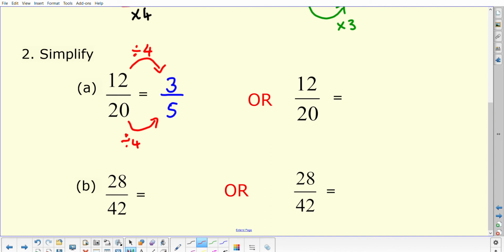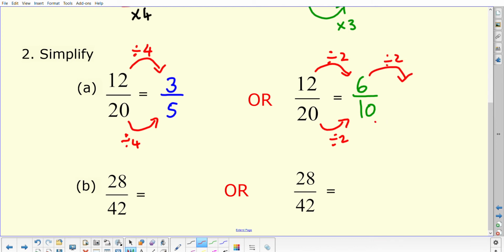If you didn't spot that you could divide by 4 and you went for the fact that 12 and 20 are both in the 2 times table and you divided by 2, top and bottom, you would get the answer of 6 over 10. So we would have 6 on the top, 10 on the bottom. But what you then notice, or what you should then be seeing, is that, well, I could still divide by 2 again, because I've not made it as simple as I can.